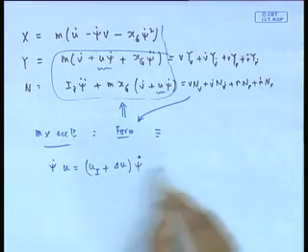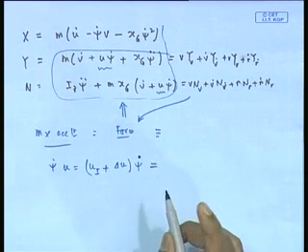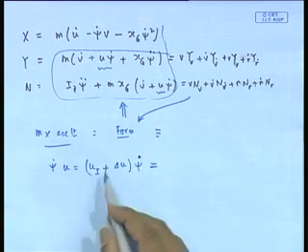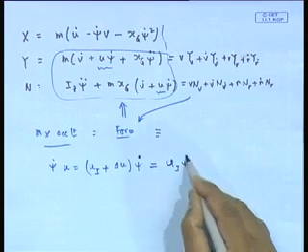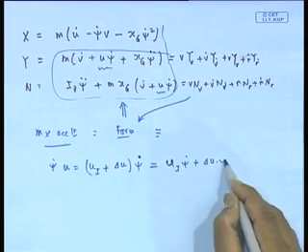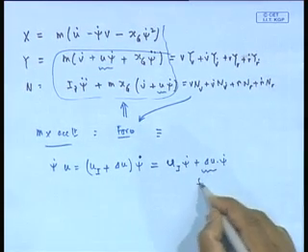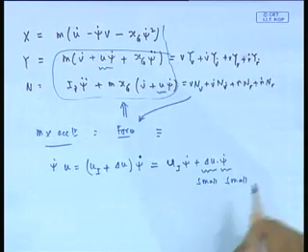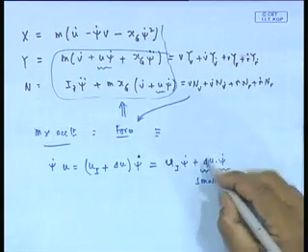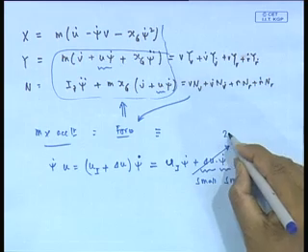Now you see this term, what would happen is u initial into psi dot plus delta u into psi dot. Now you see this is small, this is also small. So this term is a second order term.